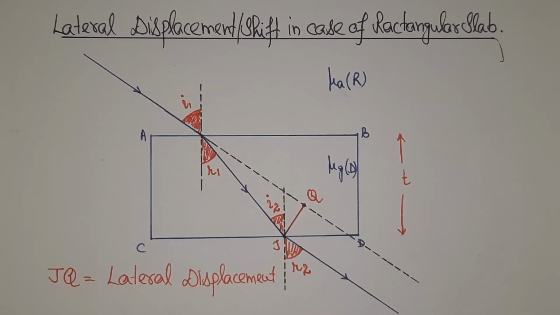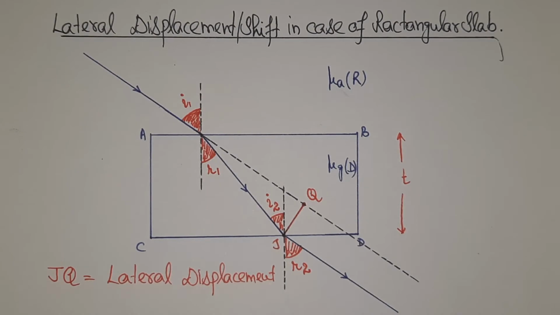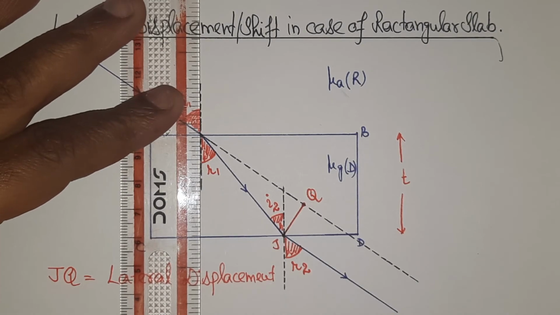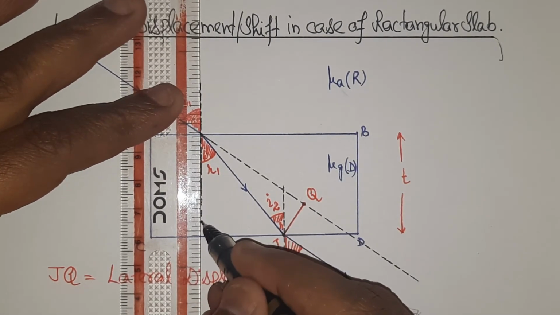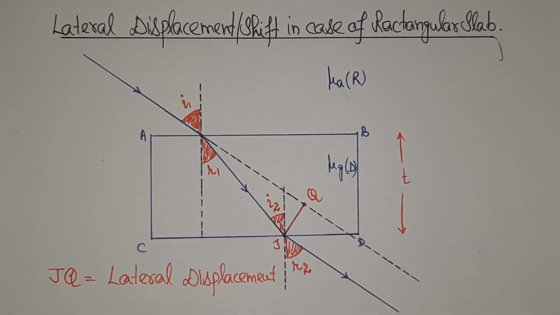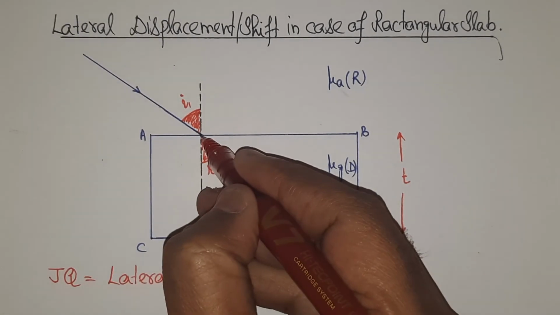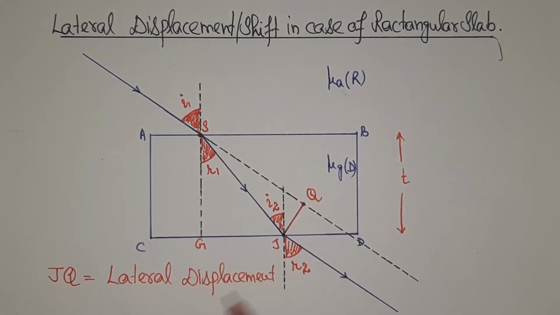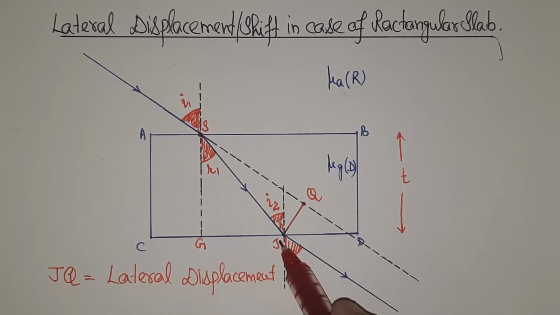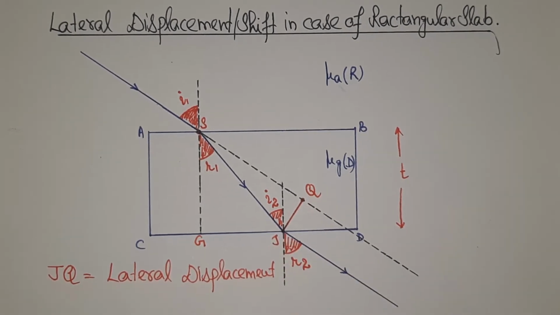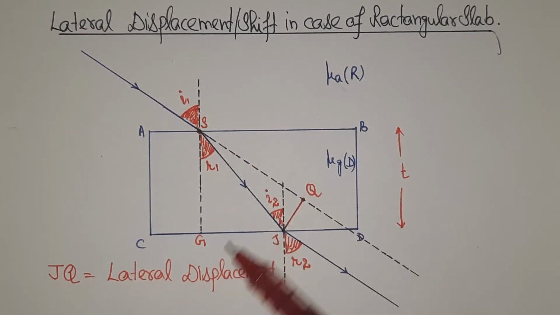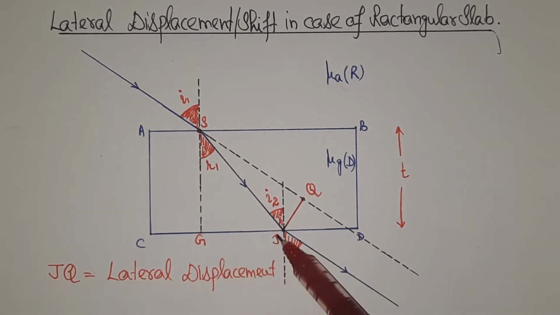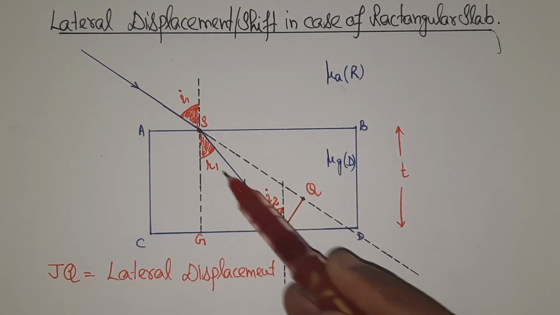Let us see. To calculate lateral displacement, we will do a little geometry. I am extending this normal so that this right angle triangle can be considered. This particular point is S, this is G, this is J, and this is Q. First concentrating on right angle triangle SGJ, we will calculate this side JS.